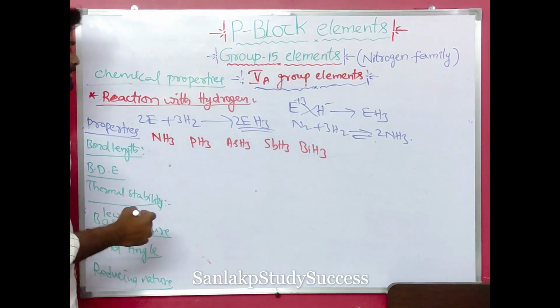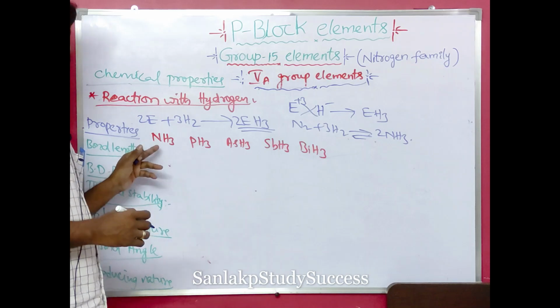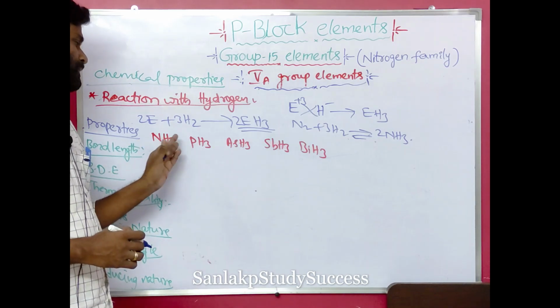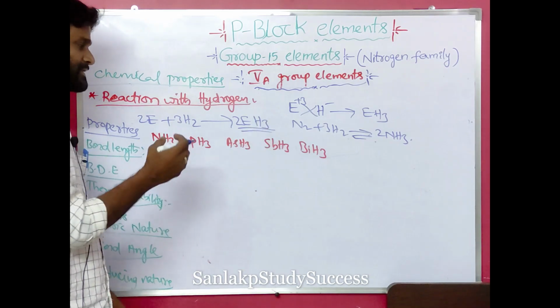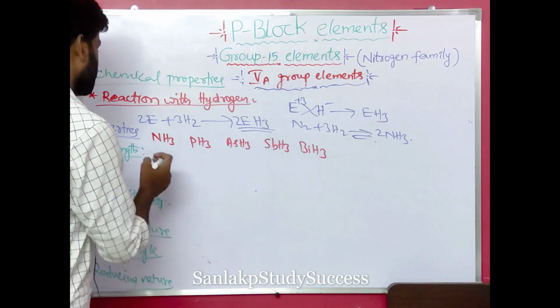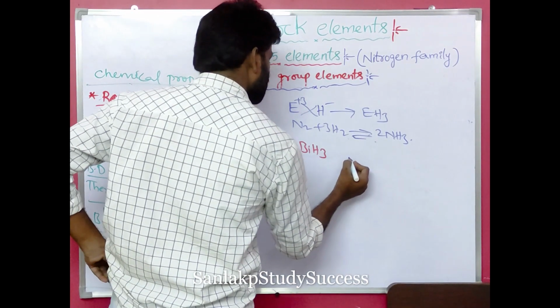So bond length. The atomic size of the central atom increases from nitrogen to bismuth in these hydrides.